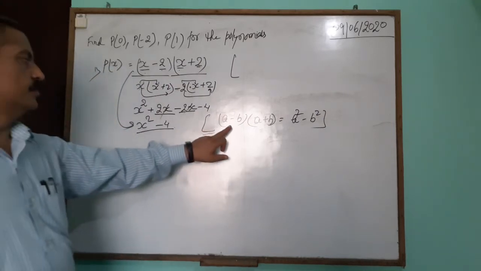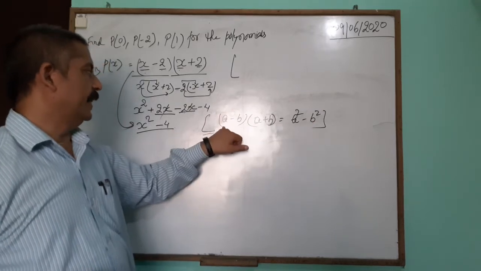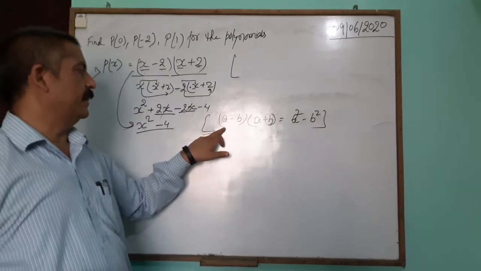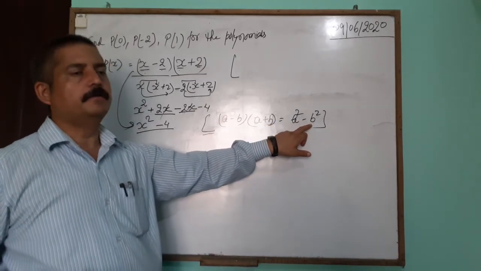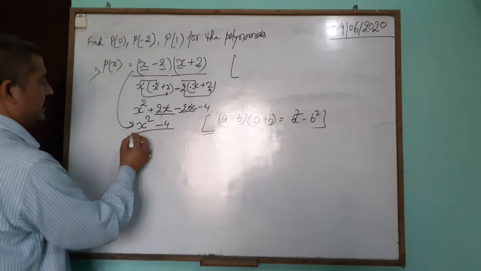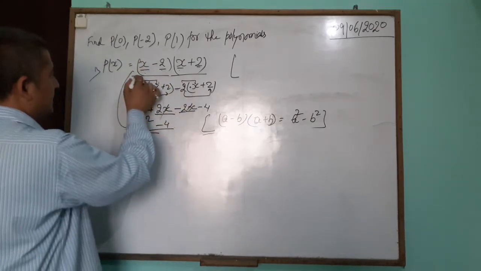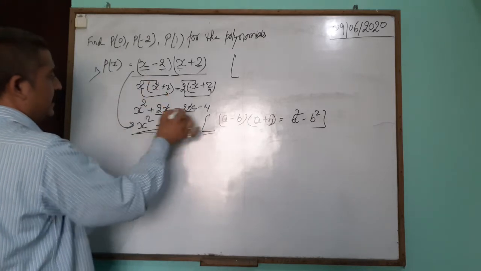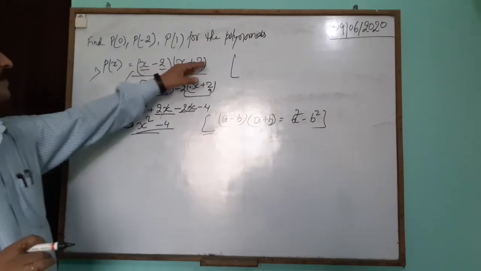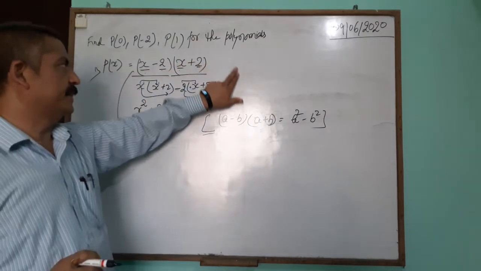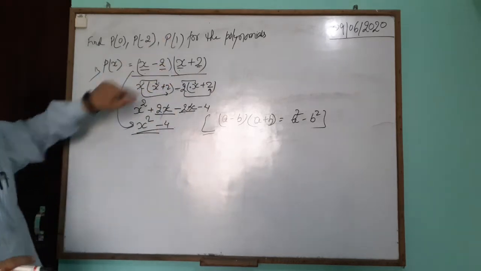If any student uses the identity directly, a square minus b square, you just put that directly. If any student does not remember it, then we just use the product and then solve it, because sometimes the appropriate identity is not given, so in those cases we just multiply and then put in the value.